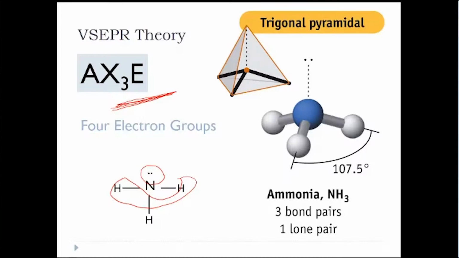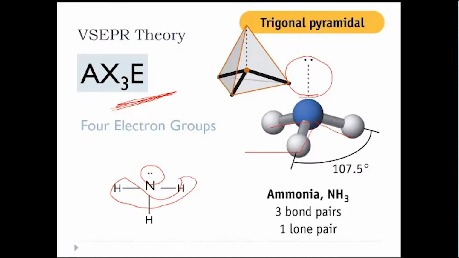However, when we look at the shape of the molecule, we don't see this one position in the tetrahedron because there's no atom there. That position is occupied by a lone pair of electrons. What remains in our geometry is the central atom and these 3 positions from that original tetrahedron.